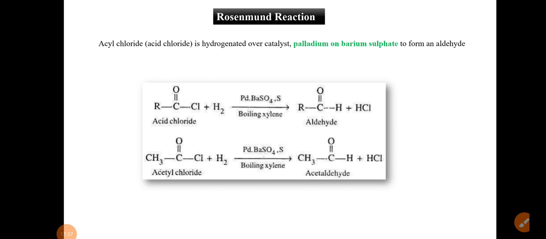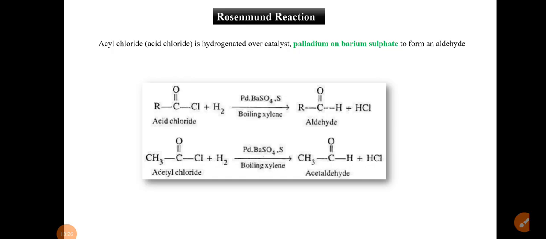Next one, the Rosenmund reduction, that is simply a reduction reaction. An acyl chloride or acid chloride is hydrogenated over a catalyst. What is the catalyst? Very important in the Rosenmund reduction. Most of the time they have asked what is the catalyst in the Rosenmund reduction. That is palladium on barium sulfate, to form an aldehyde, right? In this reaction also we are forming an aldehyde.